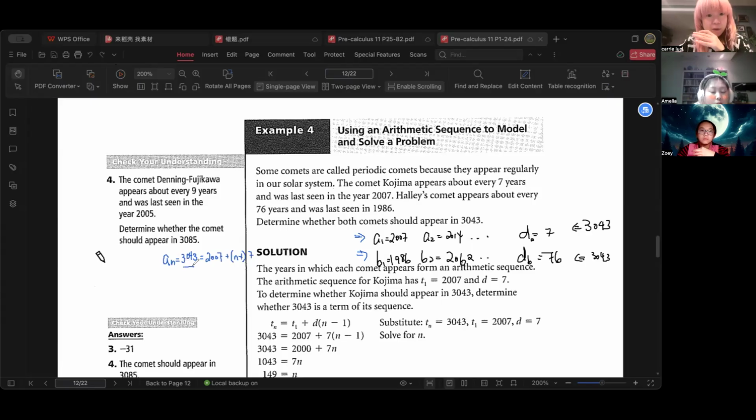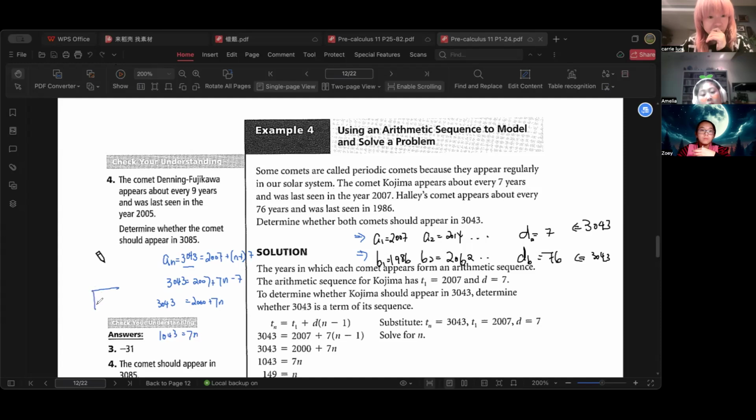If this number is one of the sequence, then this should be divisible, right? So 3043 equals 2007 plus 7n minus 7. So 2000 plus 7n equals 3043. So 1043 equals 7n.